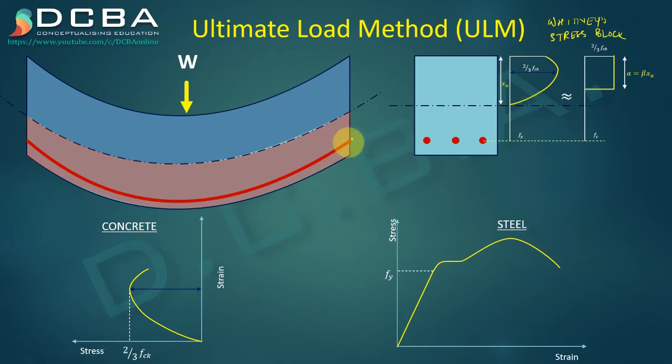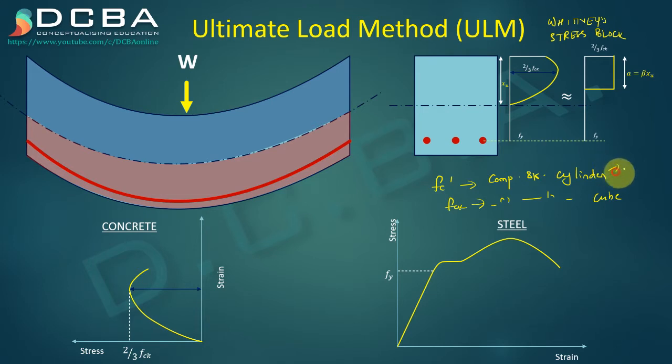In some other textbooks, you will find this FCK replaced by FC dash, and it won't be 2 by 3, it will be some other value. FC dash is basically the compressive strength found from testing a cylinder, and FCK, which we use in India, is the compressive strength which we test on a cube.